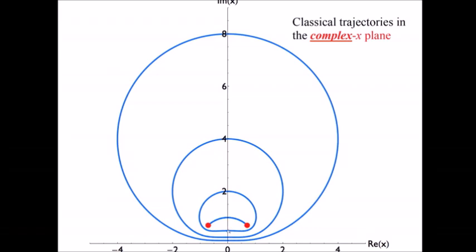So the particle goes all the way off to infinity, and then it makes an enormous loop traveling infinitely fast. And it comes all the way back up the negative axis, right back to the origin again.